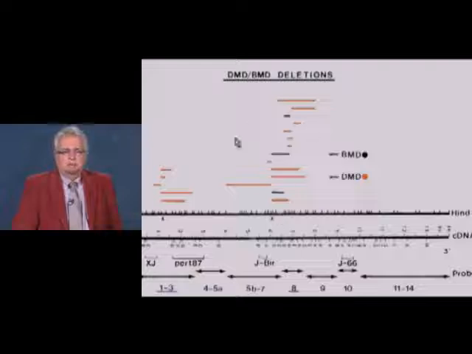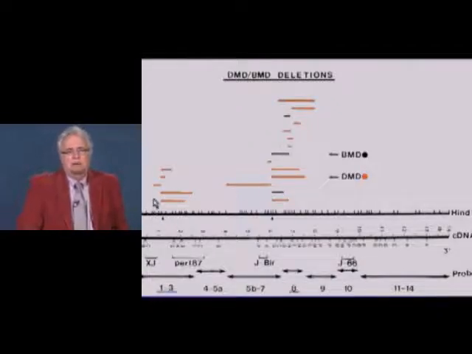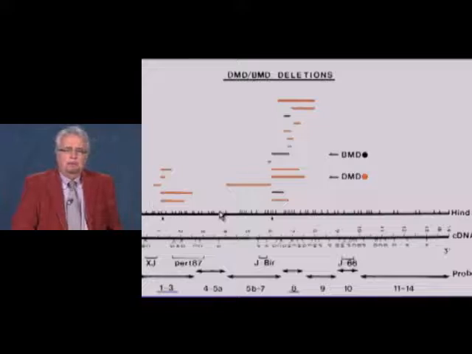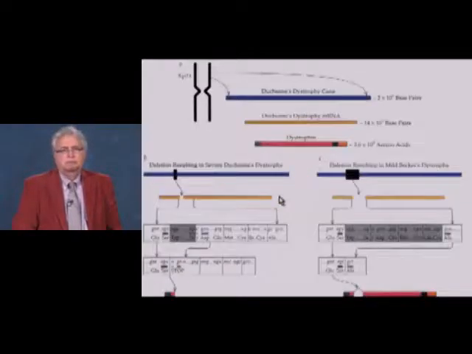And most of them seem to occur in the center of the gene and sometimes at the 5' end area here. There is no correlation between the size of the deletion and the severity of the phenotype, because a small deletion can give you a Duchenne phenotype, whereas a larger one can give you a Becker phenotype.